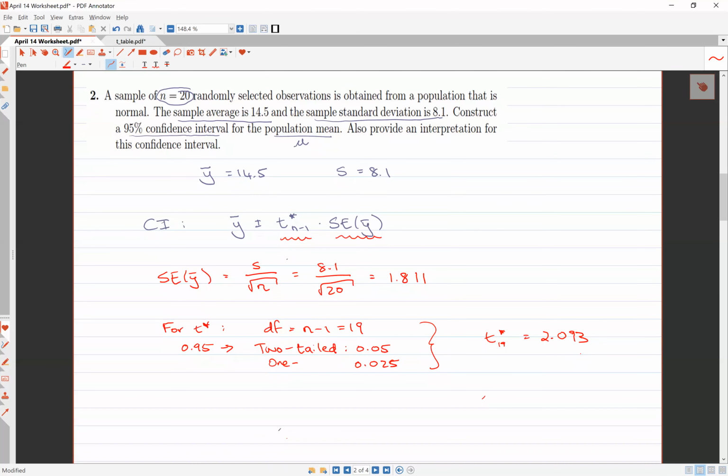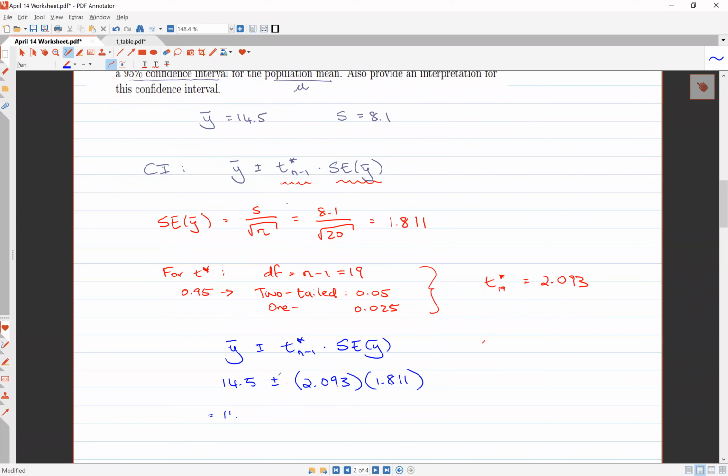So now we can plug in everything in our confidence interval formula and we can do the calculation. So my average is 14.5. My T star value is 2.093, and my standard error is 1.811. I'm first going to multiply the T star and the standard error.